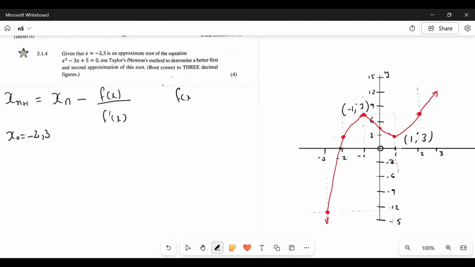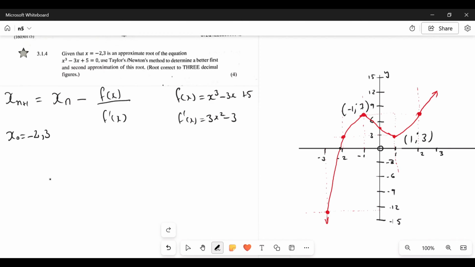Our f of x, as you can see in the question, is x cubed minus 3x plus 5. And our f of x prime is the derivative of f of x, which is going to be 3x squared minus 3. We're going to use these to calculate the values of f of x and f of x prime in our formula.